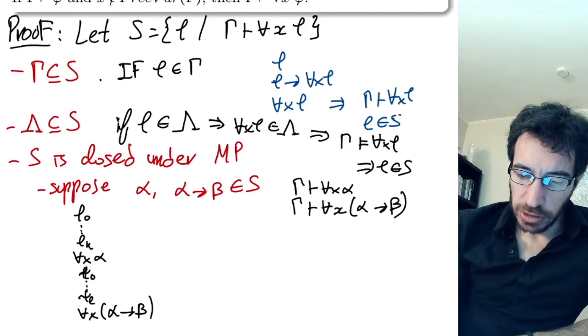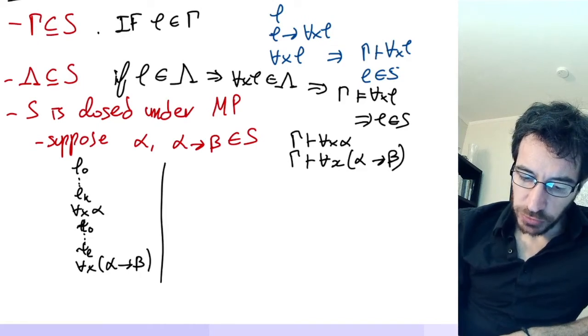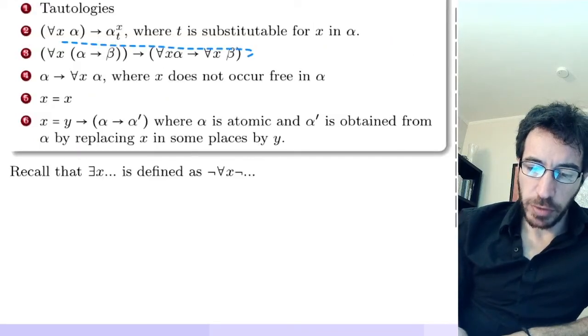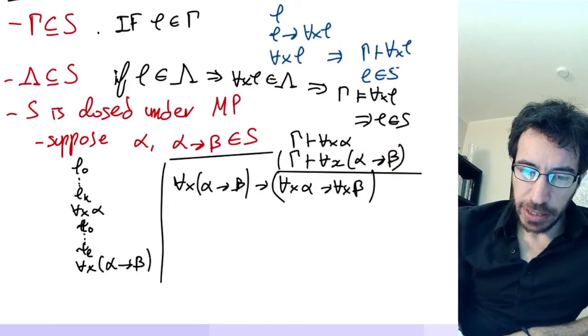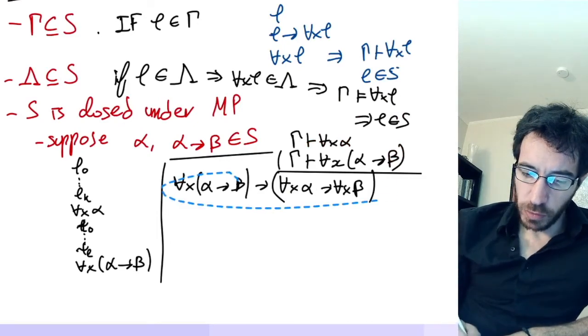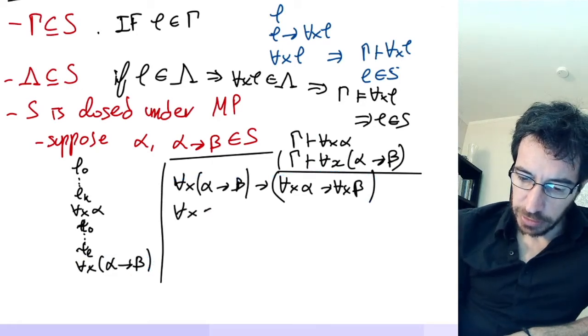Let's continue in here on the side. We have to use this formula that we have: for every x, alpha implies beta, implies, for every x alpha implies for every x beta. That's a group 3 axiom. And then an application of modus ponens between this one and this one, we get for every x alpha implies for every x beta.